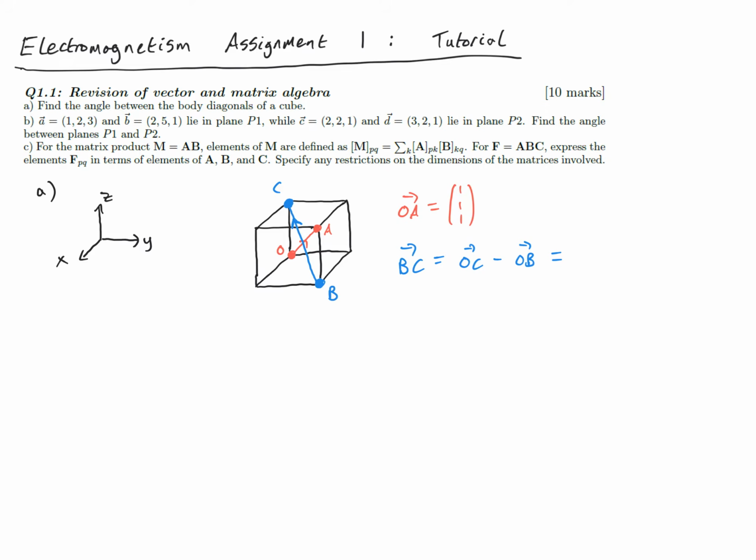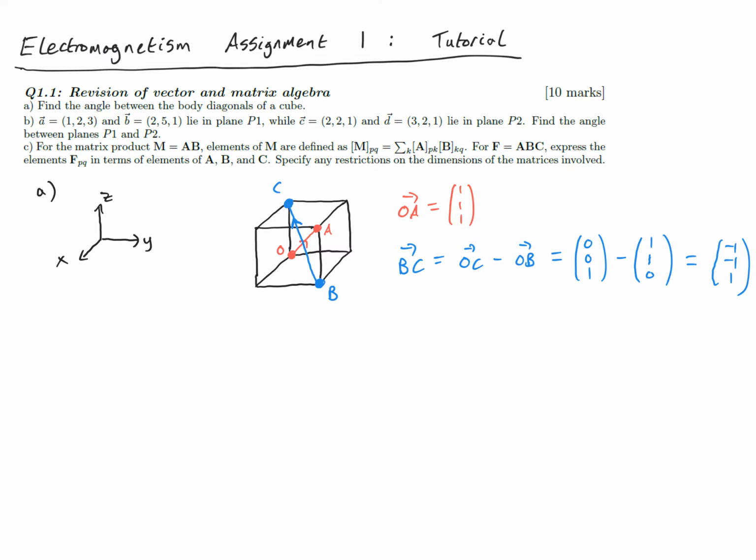What is OC? Well, I just go up by 1 unit in the z direction, so that's 0, 0, 1. What is OB? Well, I come forward by 1 unit and to the right by 1 unit, so that's 1, 1, and no change in the z direction. So overall, the vector BC is -1, -1, 1.